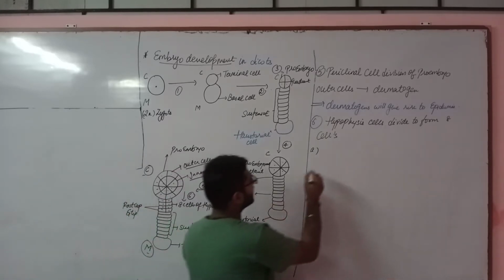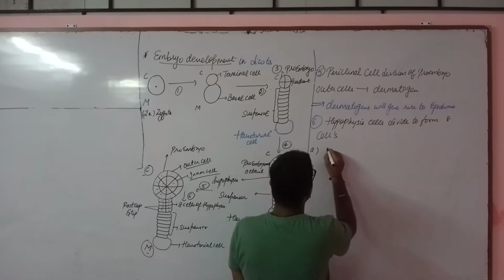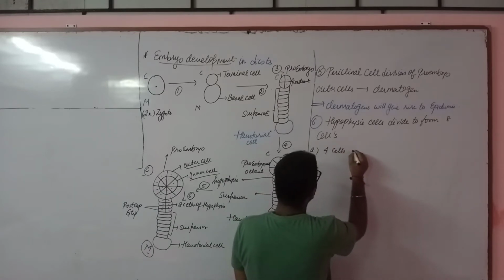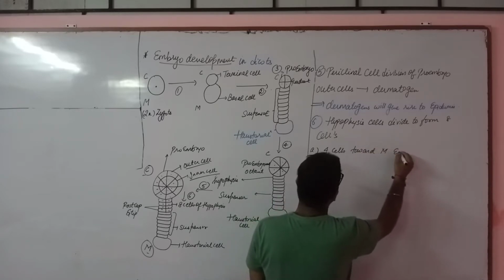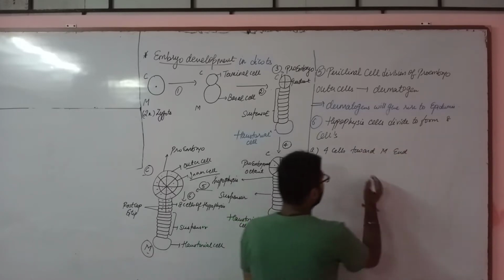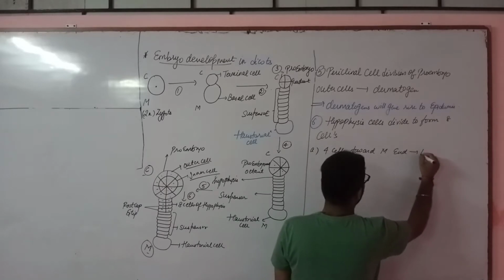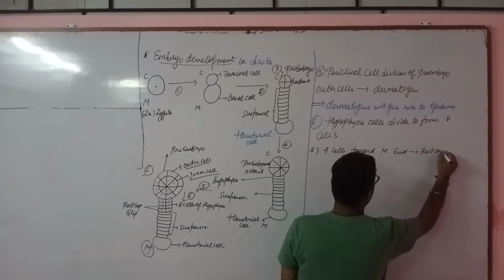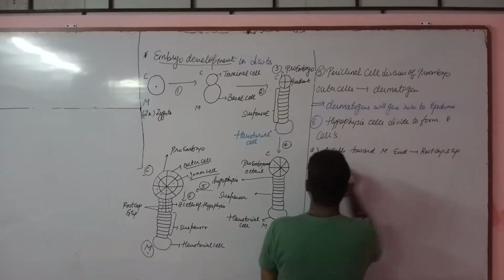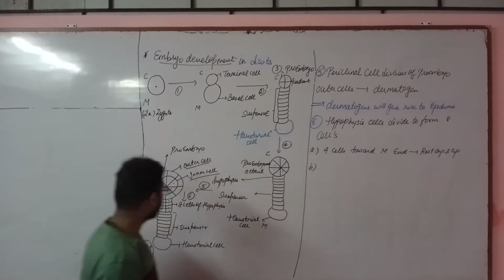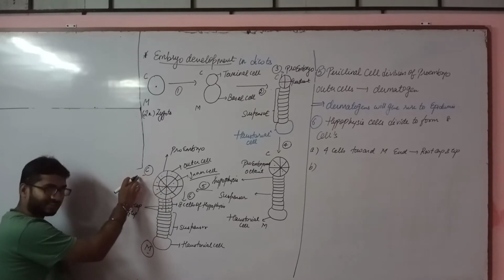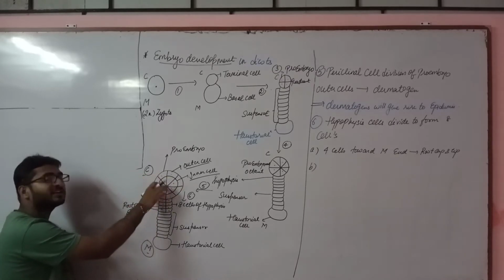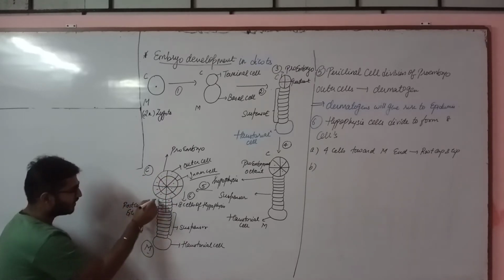So the A part, that is the 4 cells towards the M end, that is the microphylla end, will give rise to root cap and root tips. Right? Now what about the upper 4 cells which are located towards the chalaza end, or in the contact of pro-embryo, whatever you want to say.